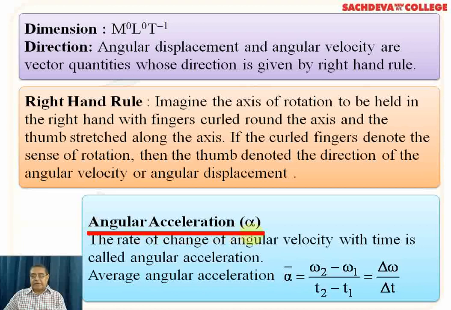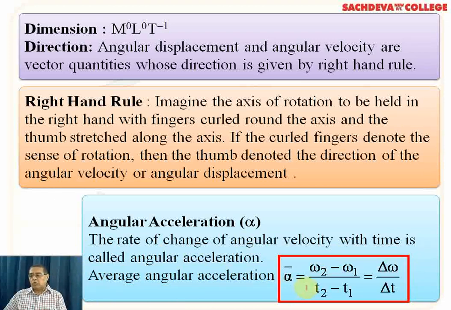It is represented by alpha. Like linear acceleration is the rate of change of velocity, angular acceleration means the rate of change of angular velocity. So, the rate of change of angular velocity with time is called angular acceleration. The average angular acceleration is given by alpha bar equal to omega 2 minus omega 1 divided by t2 minus t1.